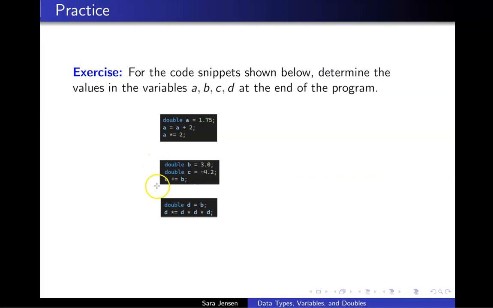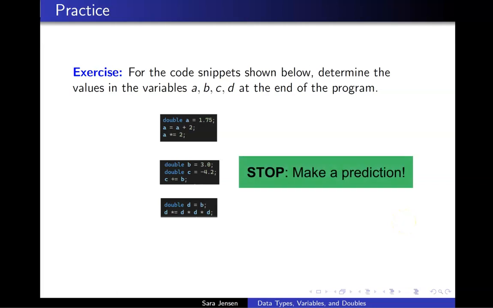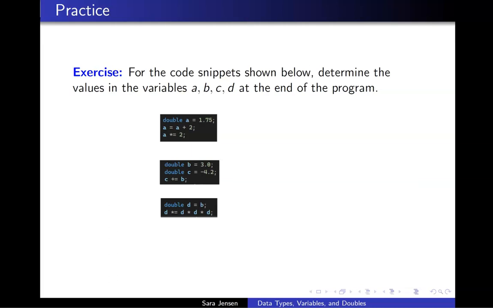After executing this block of code, what are the values that I believe are stored in B and C? And after this block of code, what values do I believe are stored in the variables D and B? Take a moment, stop and think about it. Truly make a prediction for what you think is stored in each of these values, and then press play, and I'll go over the answers.